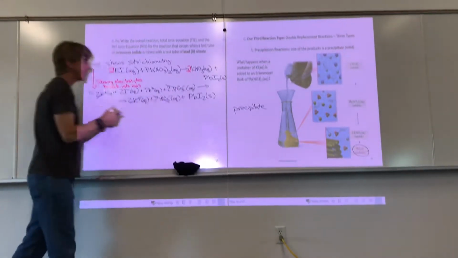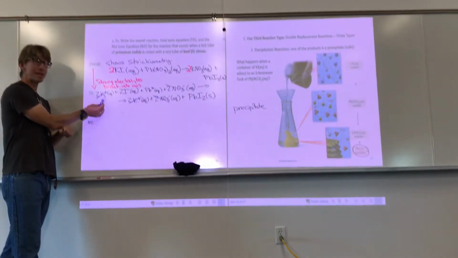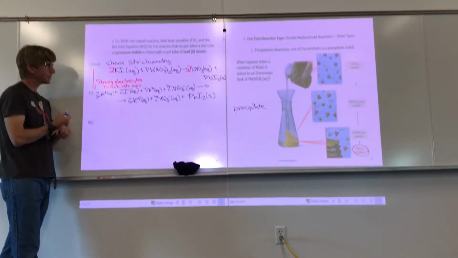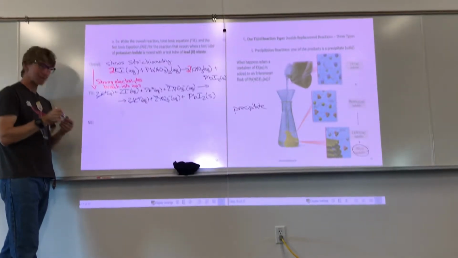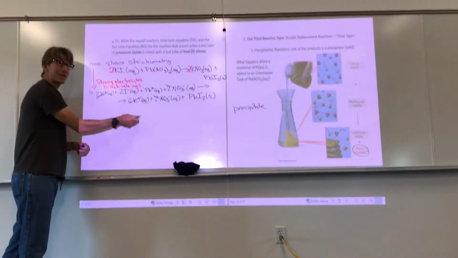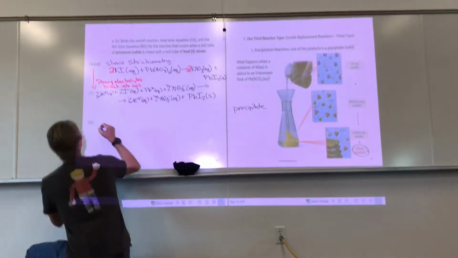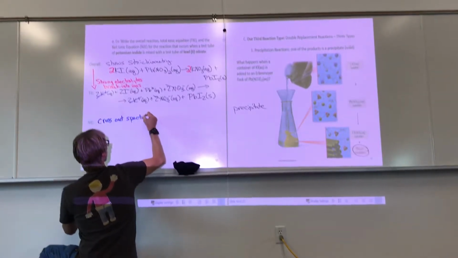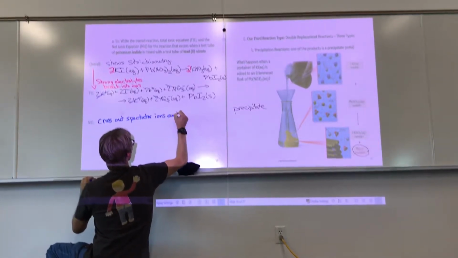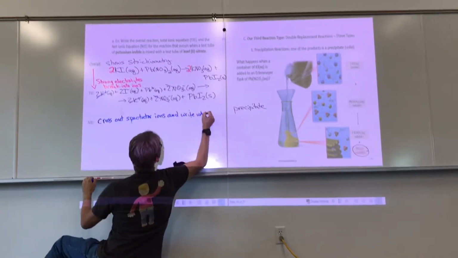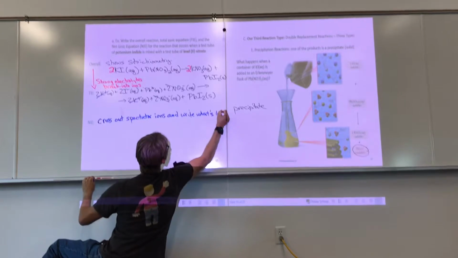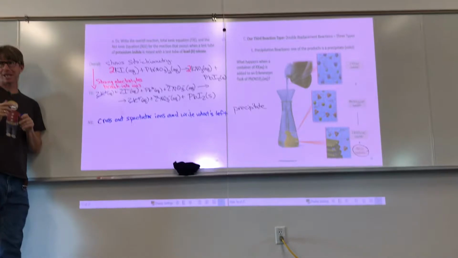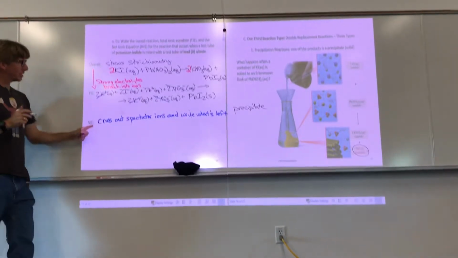And what you will see is that not only does the type of ion have to match exactly, but so does the coefficient. Good. And then for the net ionic equation, I'm going to cross out spectator ions and write what's left.